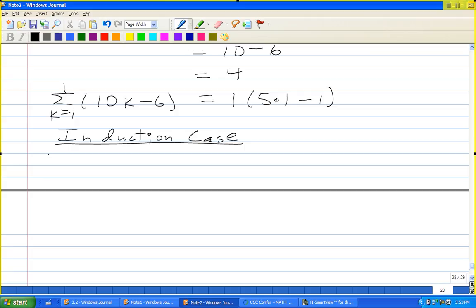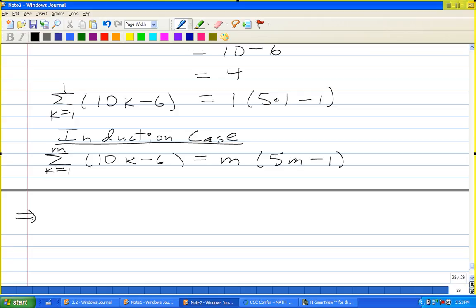Let's suppose the sum k equaling 1 to m of 10k minus 6 is equal to m times 5m minus 1.